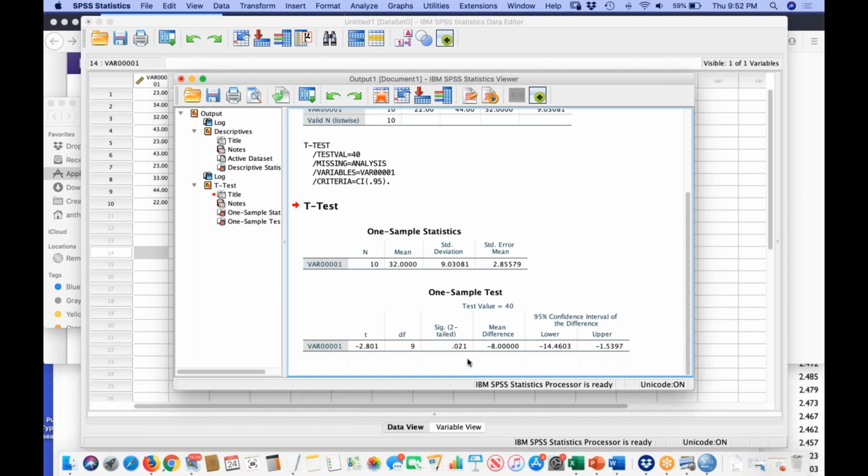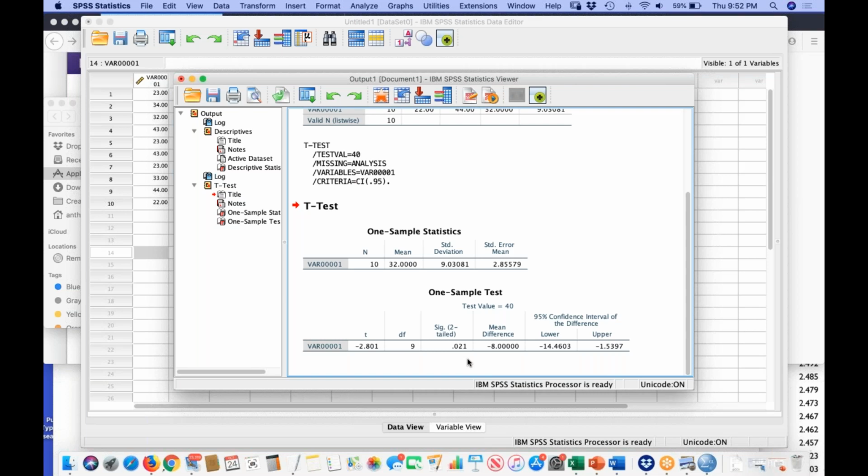So there's only a 2% chance you would get that big a difference if the null hypothesis were true. So I can reject the null hypothesis. There's less than a 5% chance of getting that extreme a difference. That's a little different than saying there's a 2% chance of being wrong.